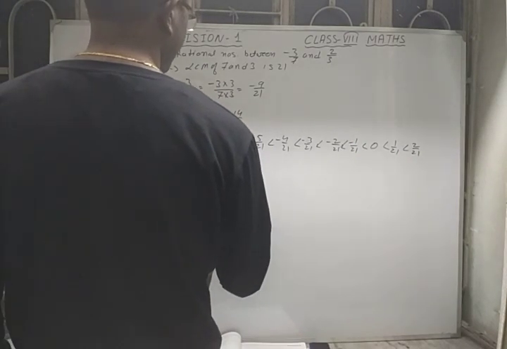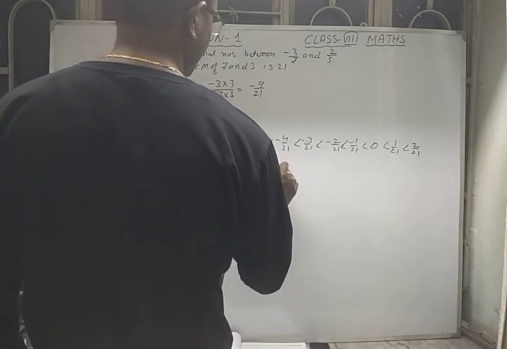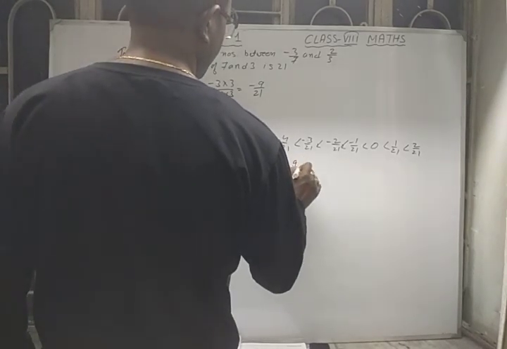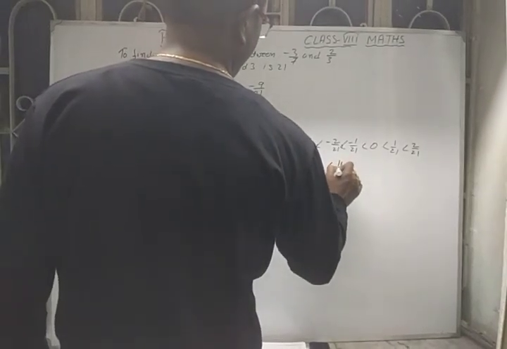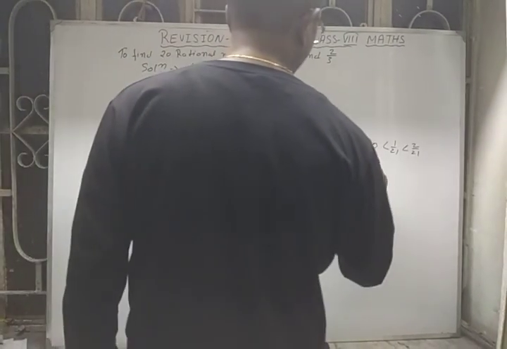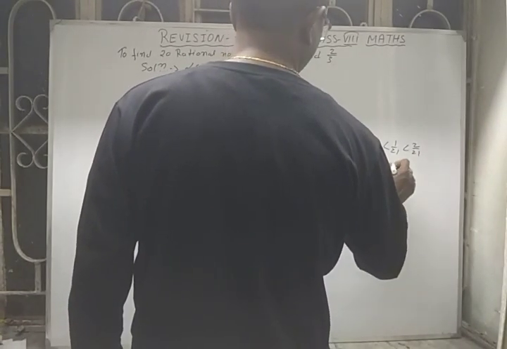So we will write some more: 6 by 21, 7 by 21, 8 by 21, 9 by 21, 10 by 21, 11 by 21, then 13 by 21, and last is 14 by 21.